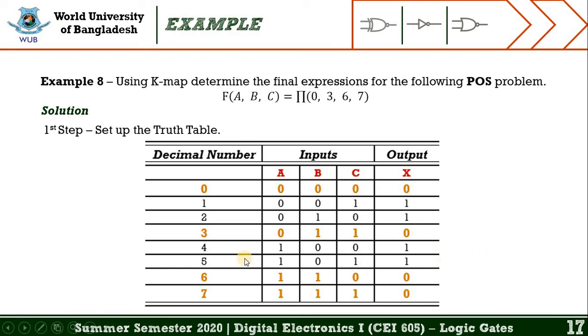One is 0, which is 0, 0, 0, output 0. Another one is 3, 0, 1, 1, which is also 0. 6 is 1, 1, 0, which is also 0, and the last number is 7, which is 1, 1, 1, which is also 0. If you differentiate the SOP problem and POS problem, then you find in the SOP problem we place 1 in the outputs, and in the POS problem we place 0 in the output for our simplification. So let's move into the next slide.